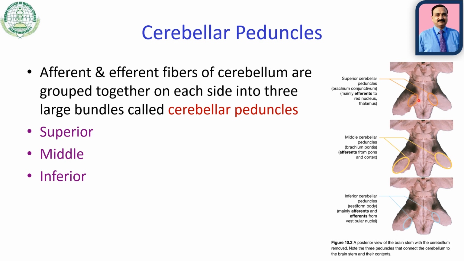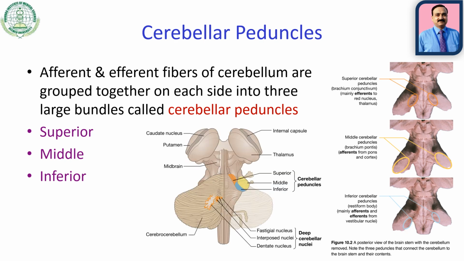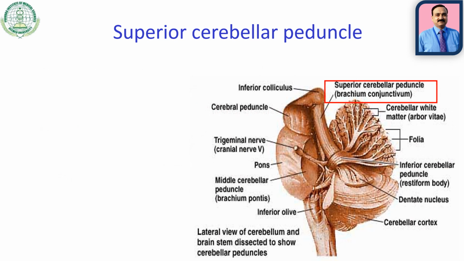You can see this is superior cerebellar peduncle, this is middle cerebellar peduncle, and this one is inferior cerebellar peduncle. Color wise also you can make out this is superior, this one is middle which is largest, and this is inferior. Each peduncle we are going to study.